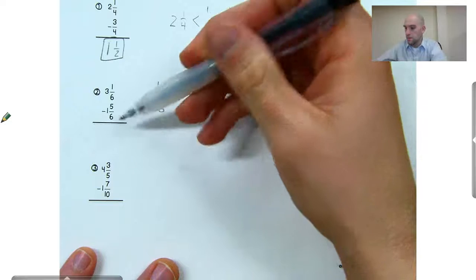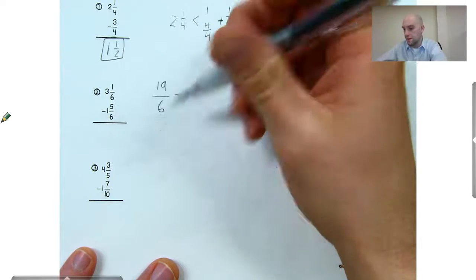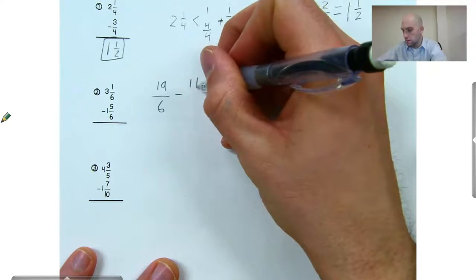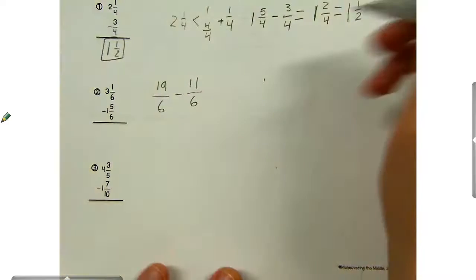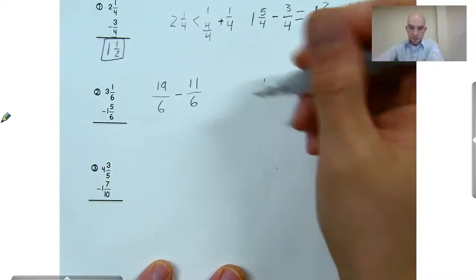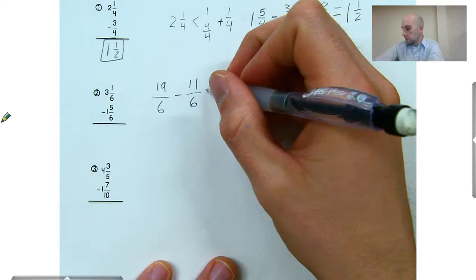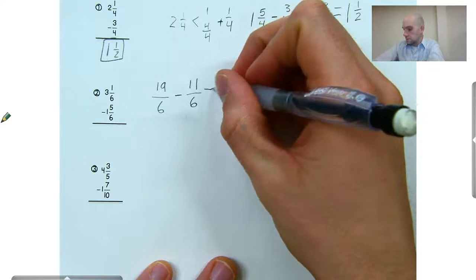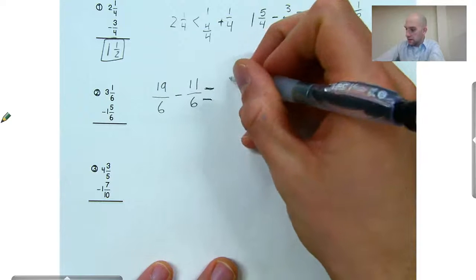Minus, I have 6 times 1 is 6, plus 5 is 11. 11 sixths. Because 1 is 6 sixths, plus another 5 sixths, and that'll give me 11 sixths. 19 minus 11 is 8.